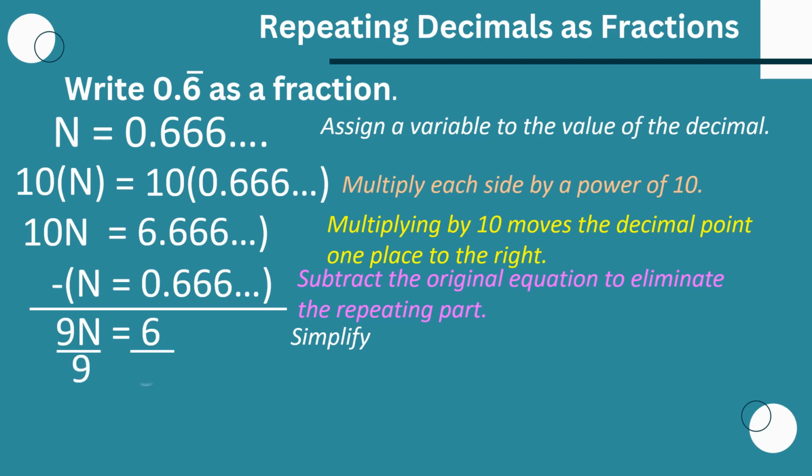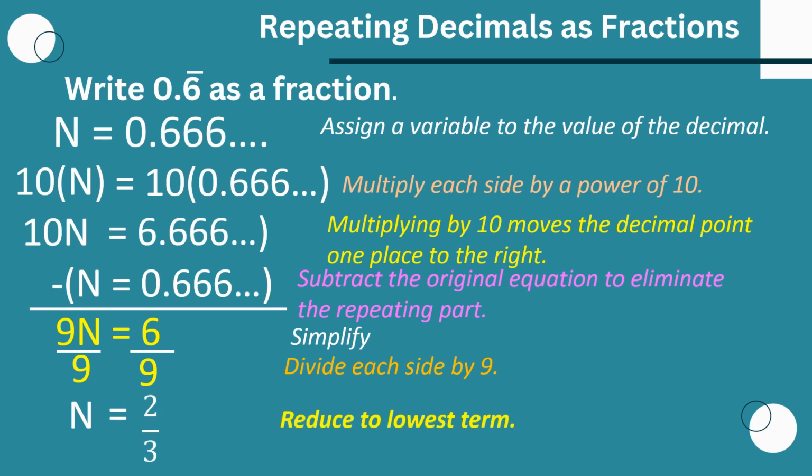Next, we divide both sides of the equation by 9. Then 9n divided by 9 is equal to n. Then 6 over 9. We can reduce this fraction to its lowest terms by dividing both numerator and denominator by 3. 6 divided by 3 is equal to 2. 9 divided by 3 is equal to 3. So n is equal to 2/3.